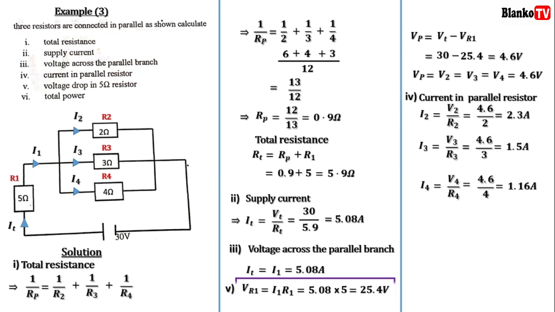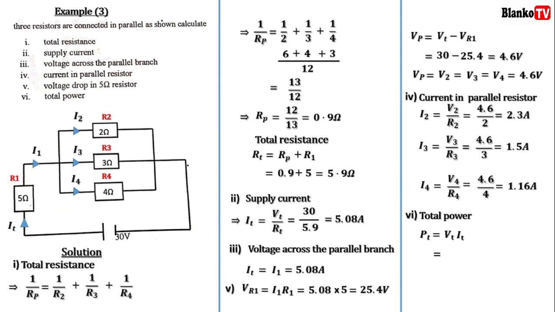So let's move on to the last one, which is VI, and we are to calculate the total power. So we use the formula PT equals VT multiplying IT, that is the total voltage multiplying the total current.